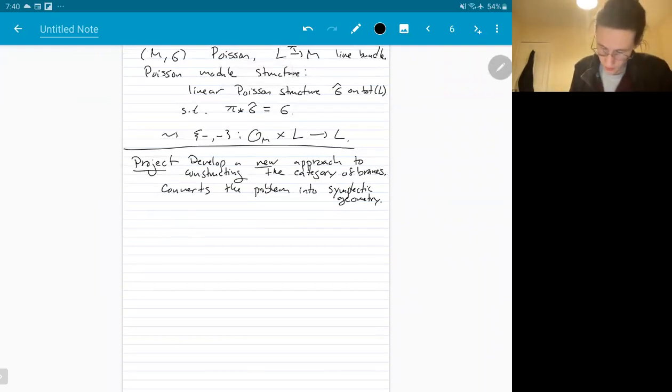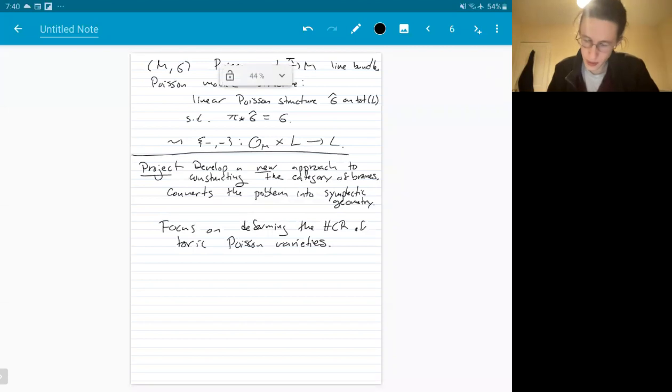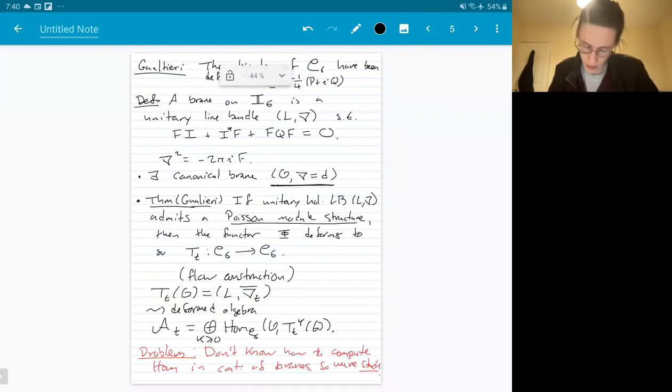Yeah, and so in our paper, we focus on deforming the homogeneous coordinate ring of a toric Poisson variety. And I should say this idea of getting a geometric approach to non-commutative geometry using GC geometry goes back almost to the beginning of generalized geometry.